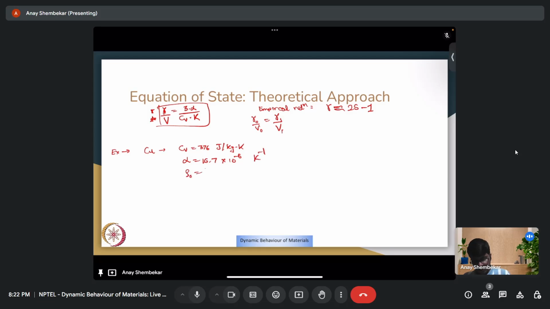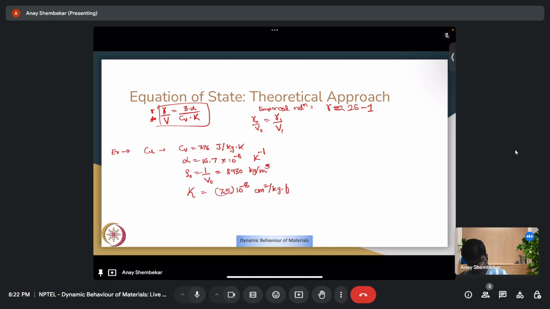Rho naught, 1 by V naught, is 8930 kg per meter cube. And isothermal compressibility kappa is 7.5 times 10 raised to minus 8. I have this in another unit, centimeter square per kg force. Okay, I have to convert this.